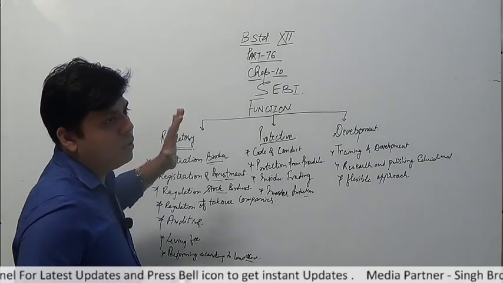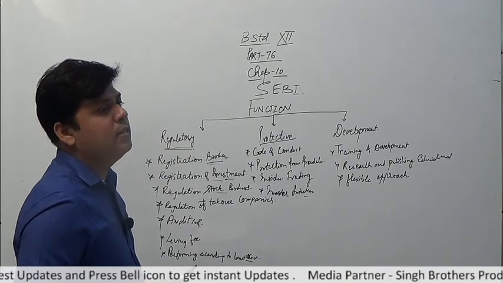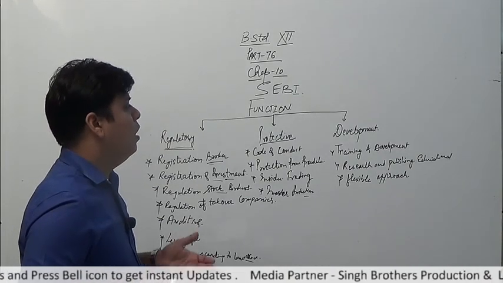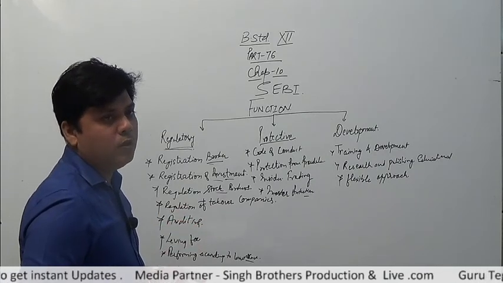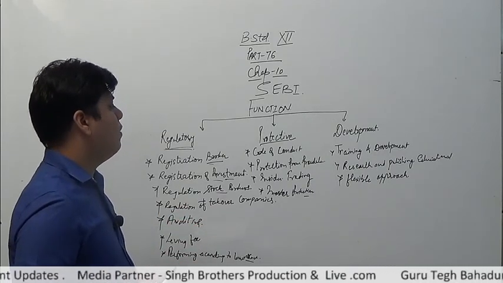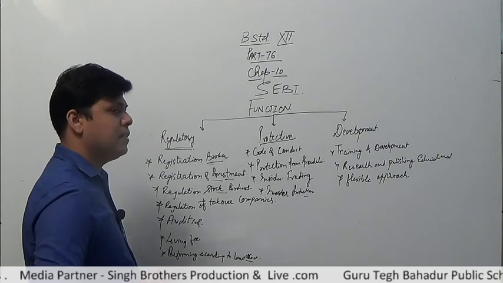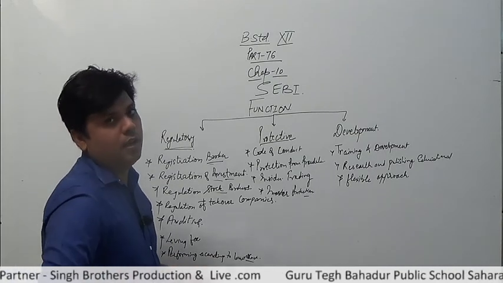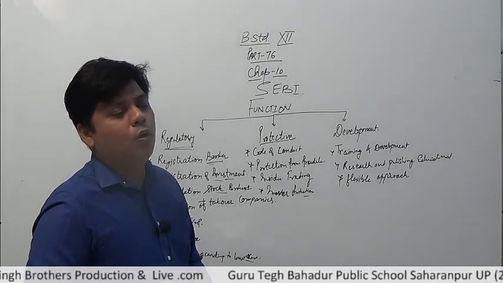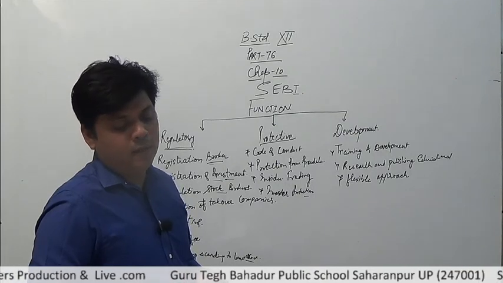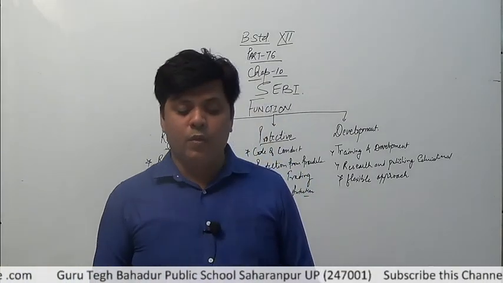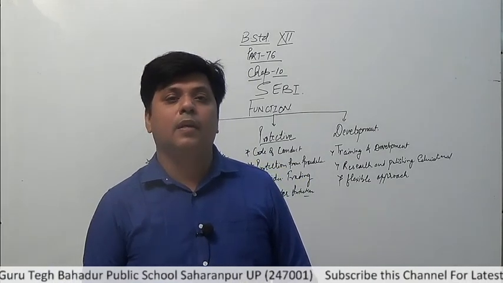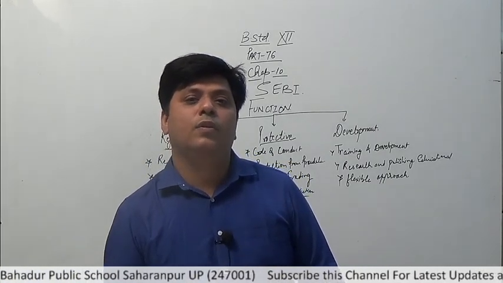And the development function is related to increasing the level of development in which they are working according to the current environment. And the protective function is to save the investors as well as organizations, and they make laws that should be followed by the investors as well as organizations. So in this way we completed our chapter number 10. The rest we will discuss in the next video. Bye bye.